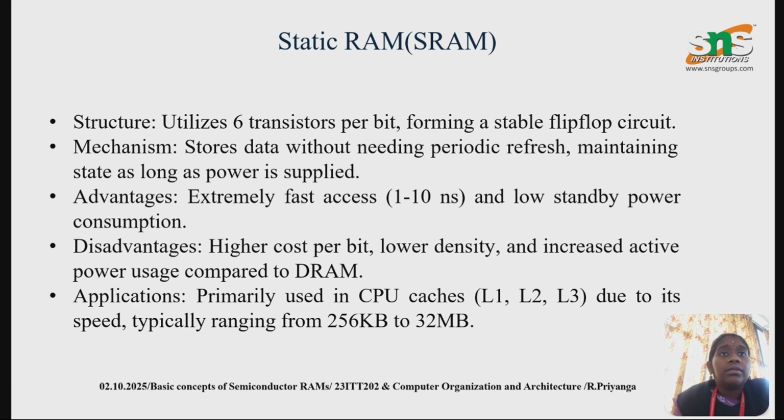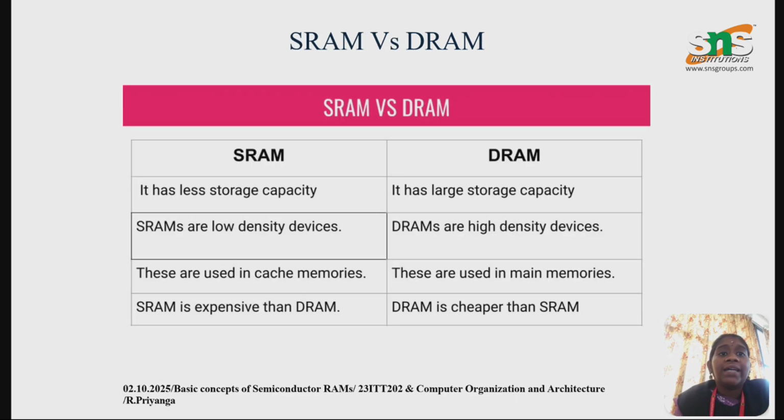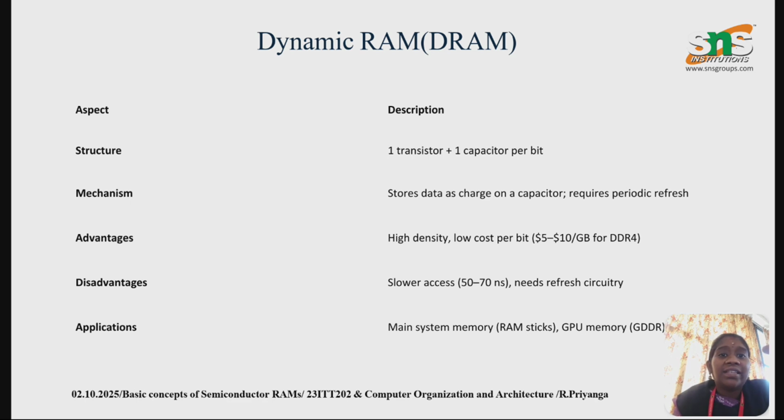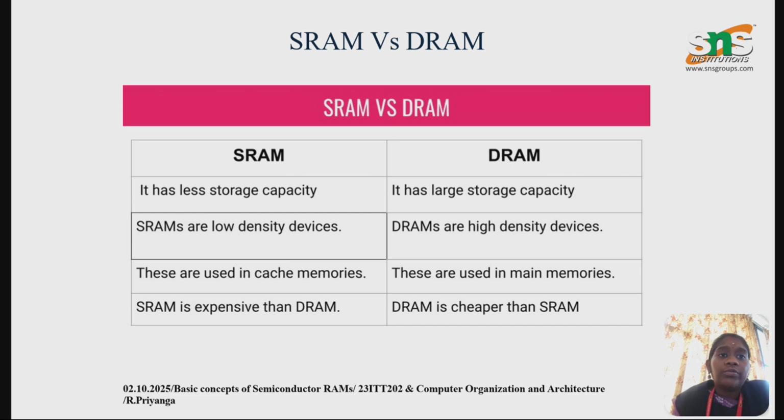Next, we move to dynamic RAM. Here we see the structure, mechanism, advantages, disadvantages, and applications, based on the SRAM. Difference between SRAM and DRAM. SRAM has low storage capacity because each bit requires 6 transistors. This makes it bulkier, so fewer bits can fit on a single chip.